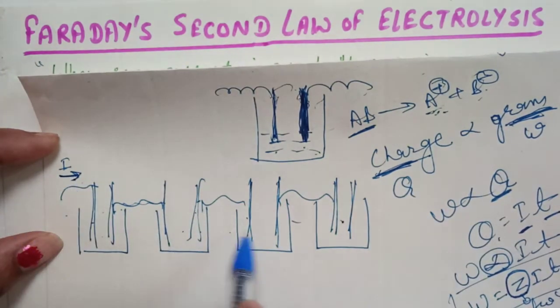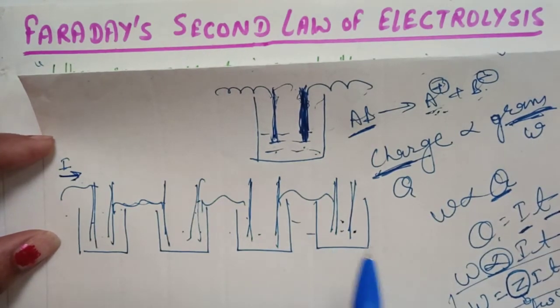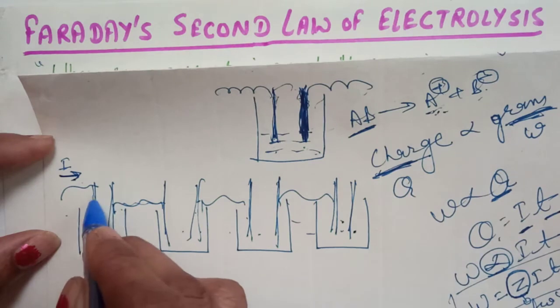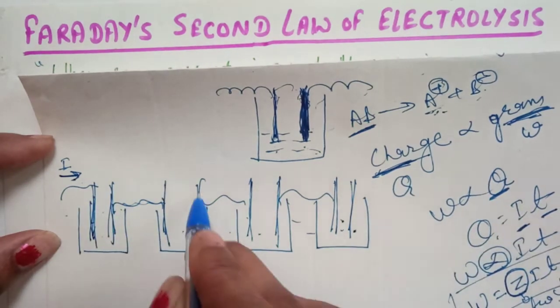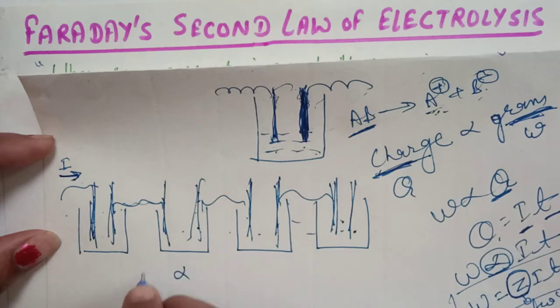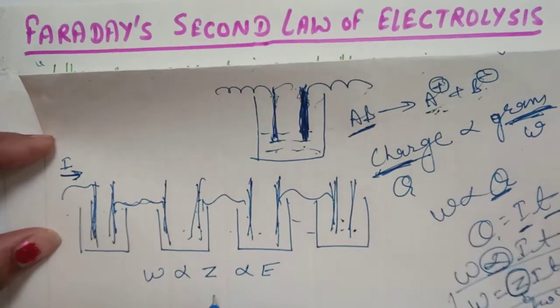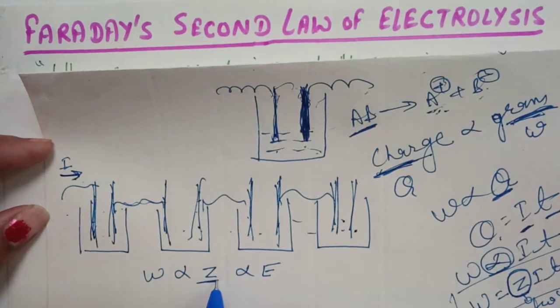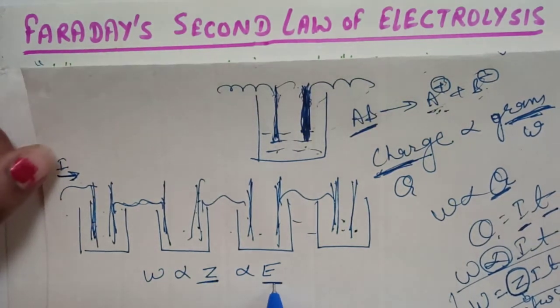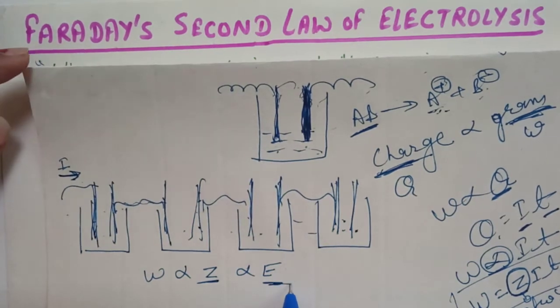In this law it is discussed that when the same amount of current is passed through many different electrochemical cells for the same time, then the masses deposited on their electrodes are directly proportional to Z, or we can say E. Z means electrochemical equivalent and E means equivalent mass.